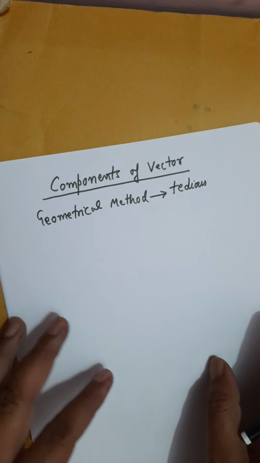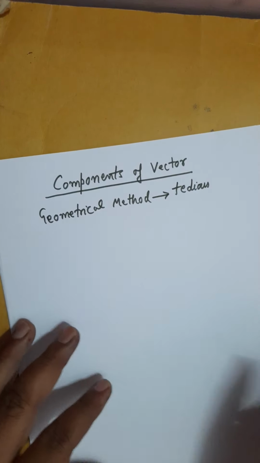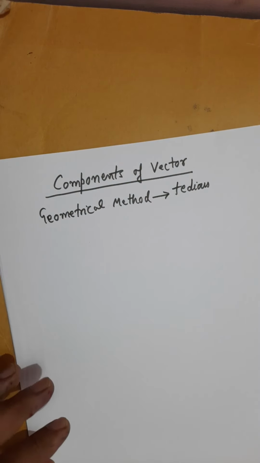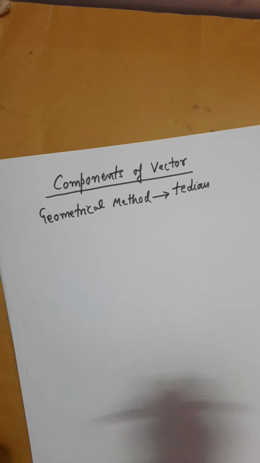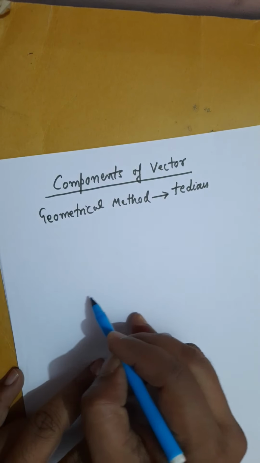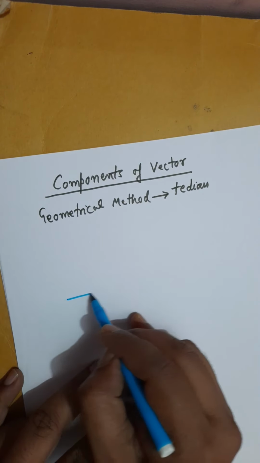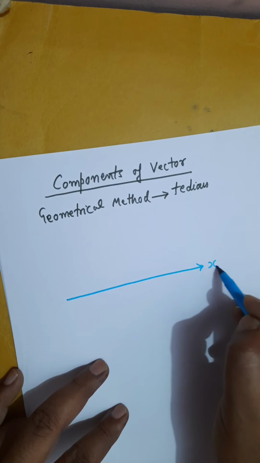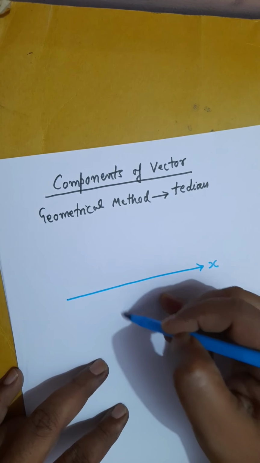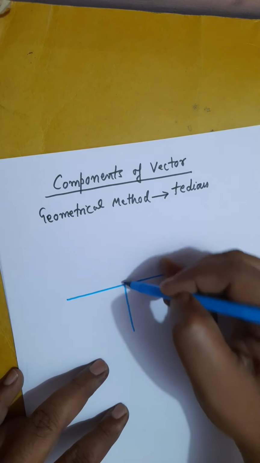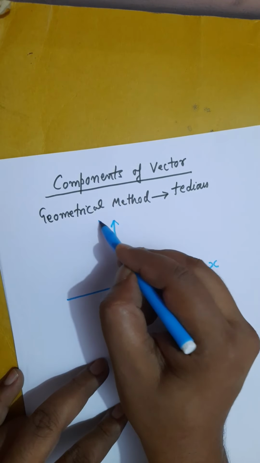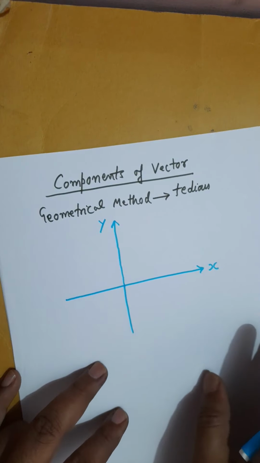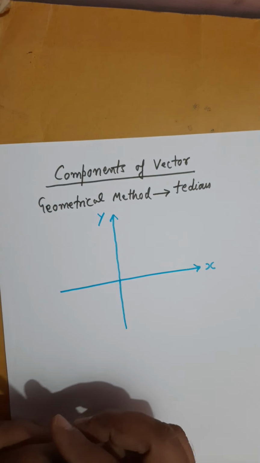So now what we do, let's say we have some coordinate axis, x-axis and y-axis. Usually we plot the x-axis on the paper towards the right side, and we plot the y-axis on the paper like so. We have one more axis, which is the third axis, that is the z-axis, and that is coming out of this page.